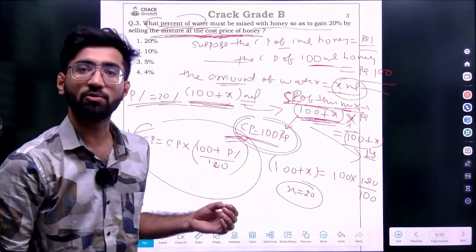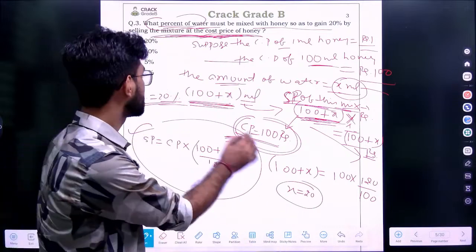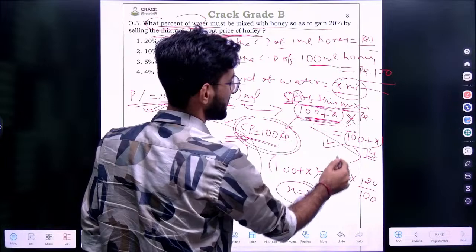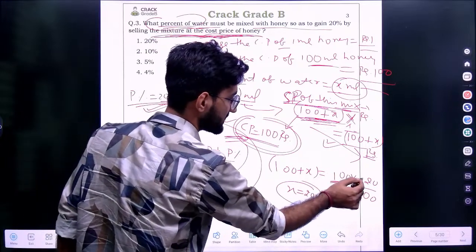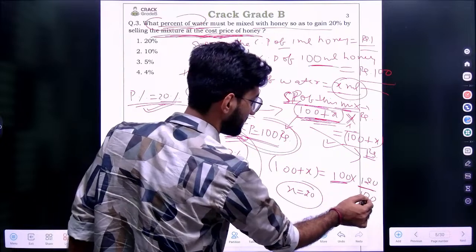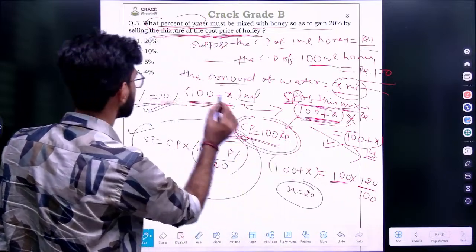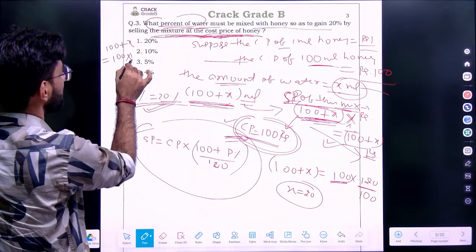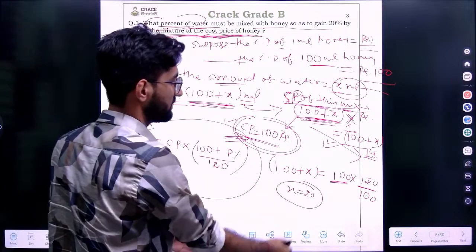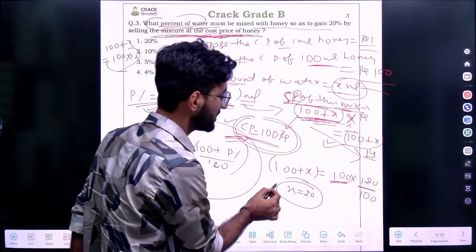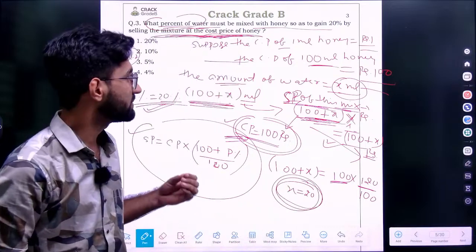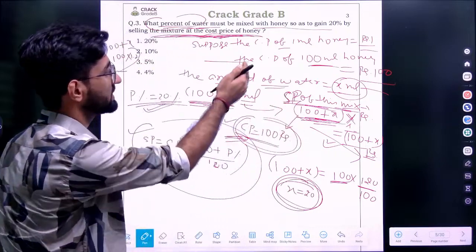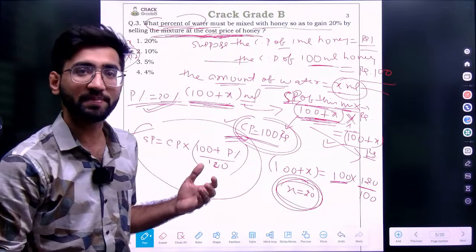It is very simple: profit percentage is 20%, cost price is 100 rupees and selling price is 100 plus x. Many students will write it as 100 plus x equal to 100 into 1.2, because 120 by 100 is 1.2. So the value of x is 20 ml. It means if we add 20 ml water to this 100 ml honey, we will gain 20%.